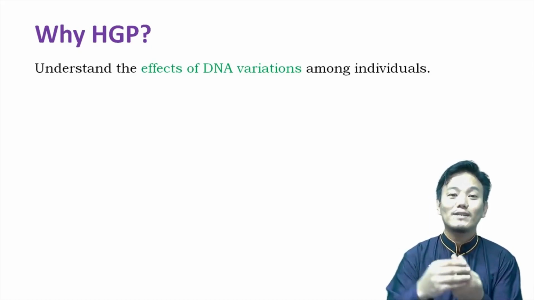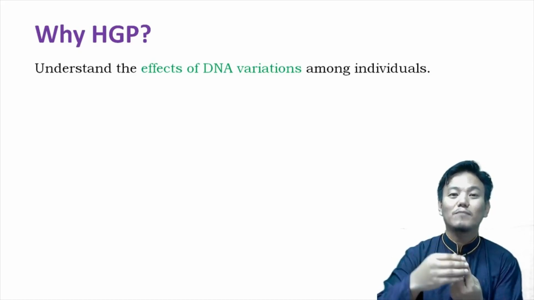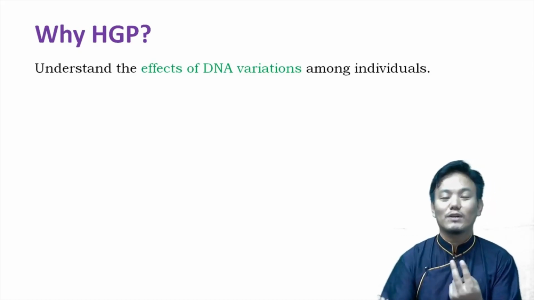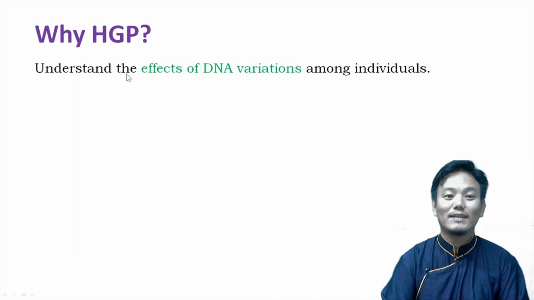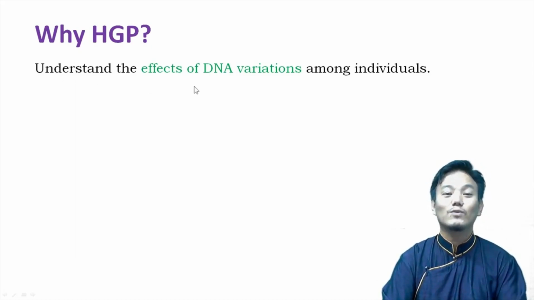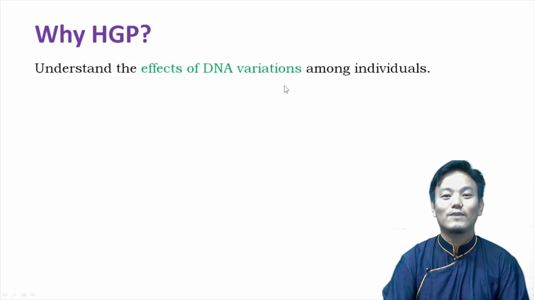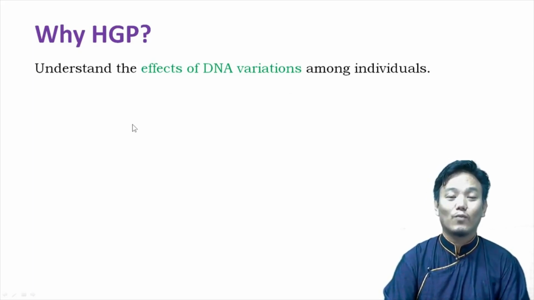What are the differences in their DNA or their genetic makeup which makes them differ from each other? We can understand that only after we know the genome of the two individuals. So scientists wanted to understand the effects of DNA variations among individuals. So that is one reason.